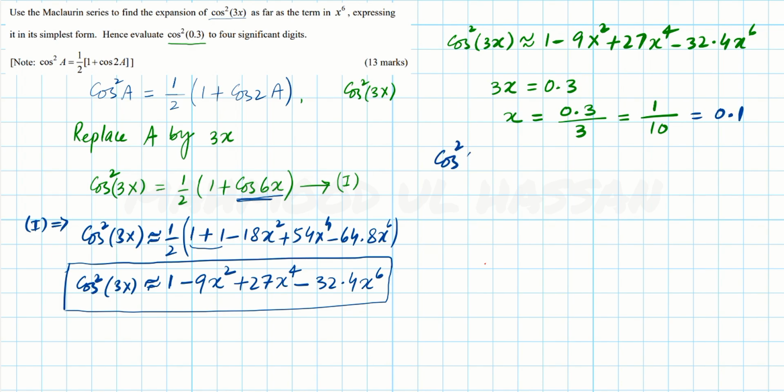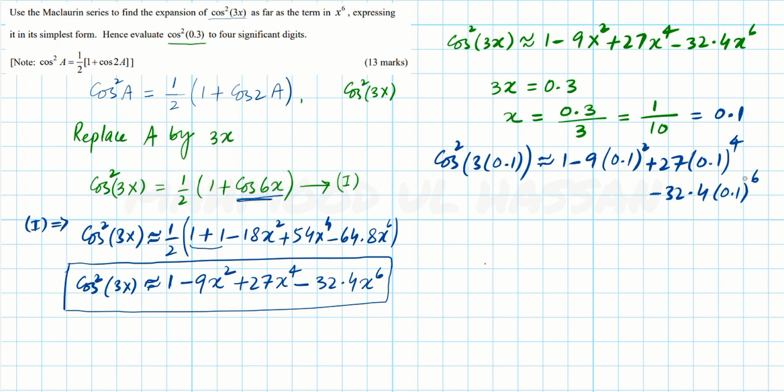So cos square 3 times 0.1 is approximately equal to 1 minus 9 into 0.1 squared plus 27 into 0.1 to the power 4 minus 32.4 into 0.1 to the power 6.